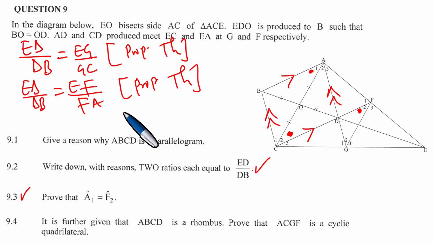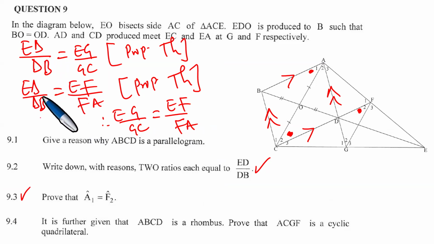So as a consequence, what we have is that EG over GC is EF over FA. Because this one is equal to ED over DB, but something different is also equal to ED over DB, which means that EG over GC is equal to EF over FA. So it's a therefore conclusion here.